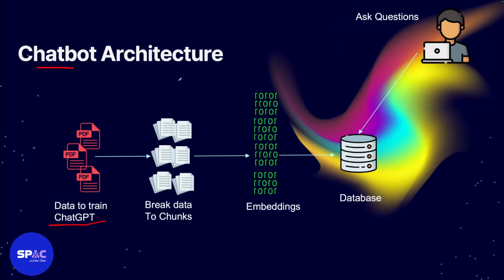Before we go into the code, let's actually know what we are doing, right? The first thing that we need is the data that we want to use to train our chatbots. Like you remember in the last lesson, I told you guys about transfer learning.